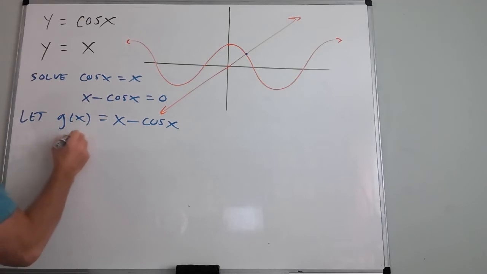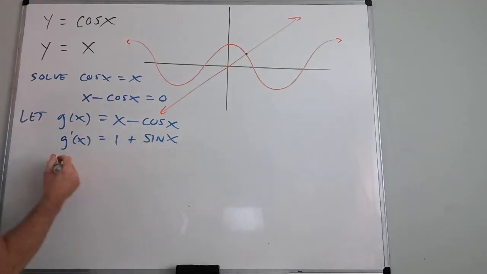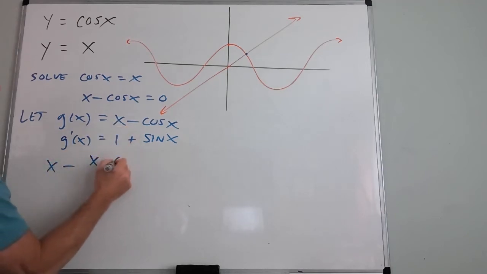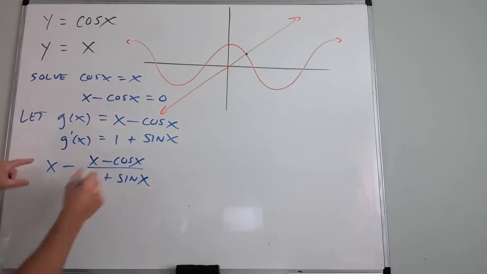Okay, so g prime of x would be 1 plus sine x. So x minus function over derivative. Now, in this case here, I don't know how efficient it's going to be to make this one quotient, but I still believe that one quotient may be easier to work with than this.